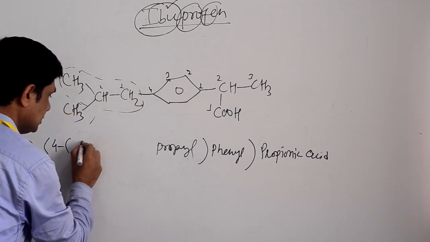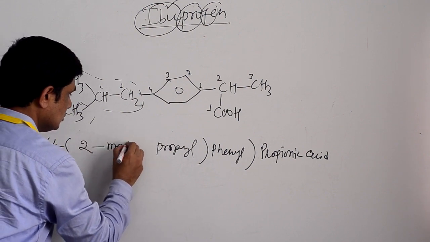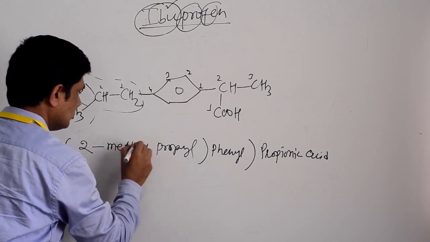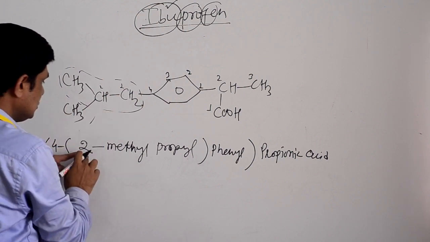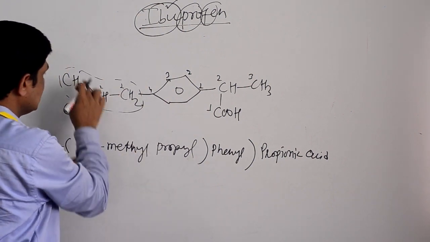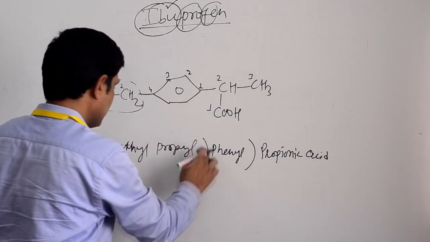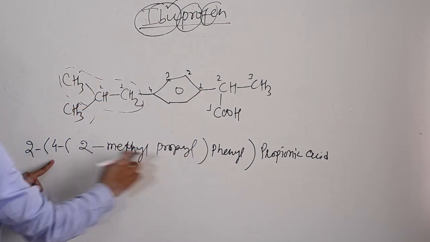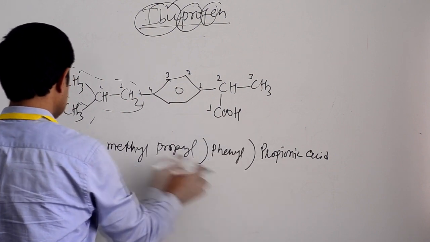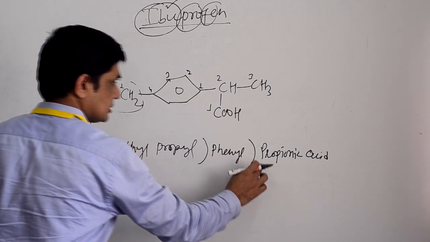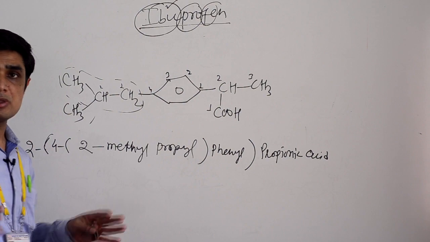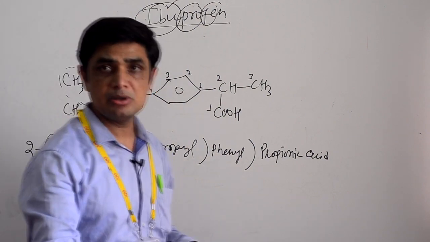So we have to write 2-methylpropyl. This is at the 4th position of the phenyl, and all this is at the second position of the propionic acid. So this is the IUPAC name.